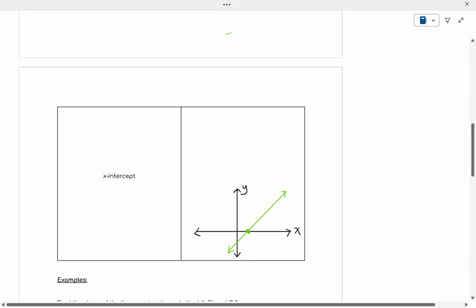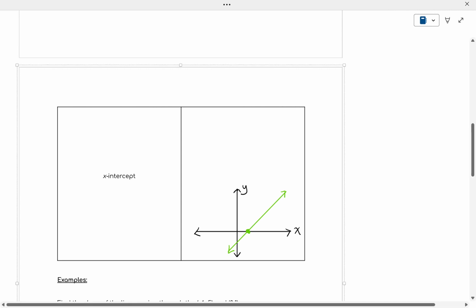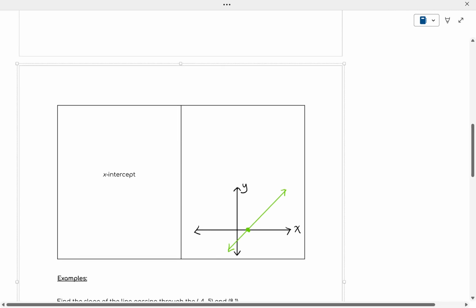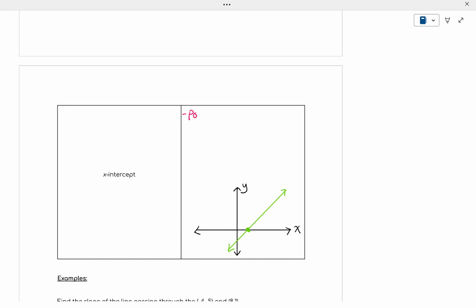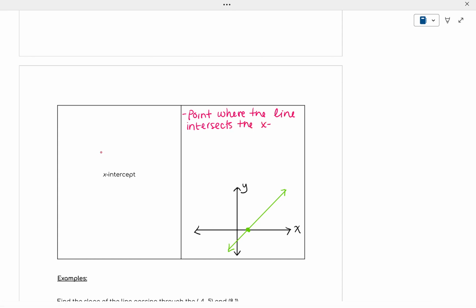I'll change my colors for the x-axis. All right, so the point where the line intersects the x-axis.